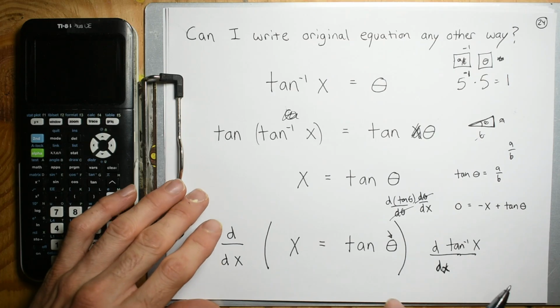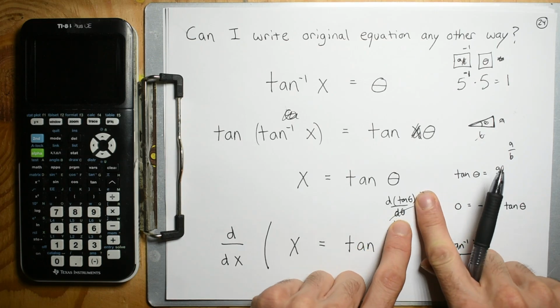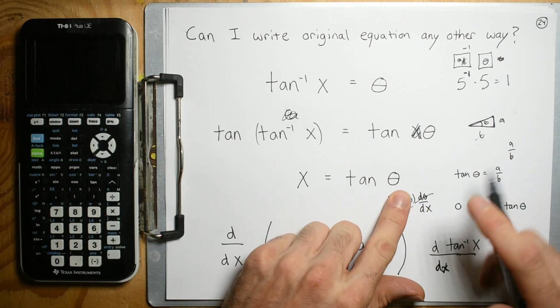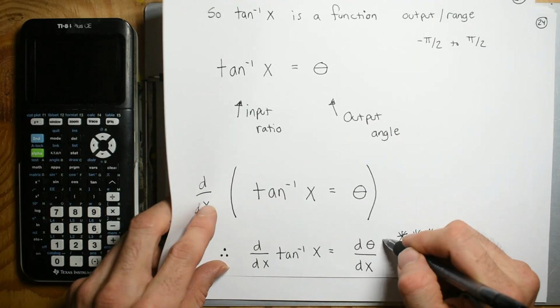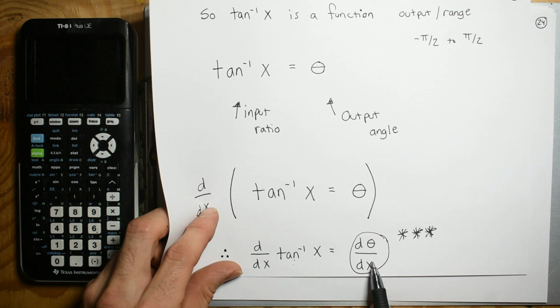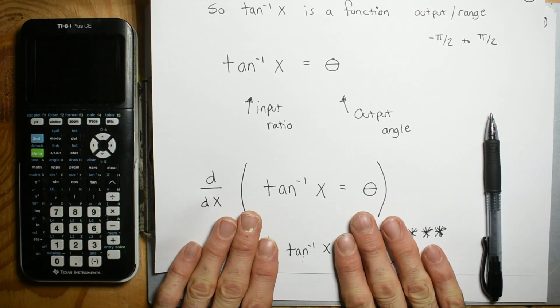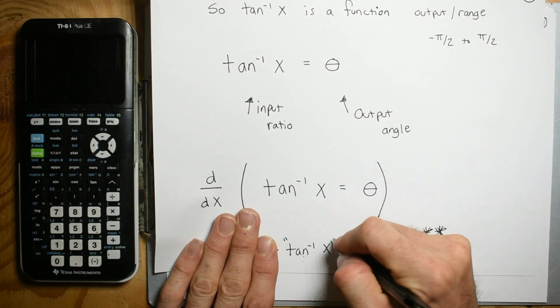But again, even if we take the derivative of this with respect to theta, it seems like I don't want that. But then this term pops out, d theta dx. And that was from here. d theta dx is this. Change the angle with respect to changing the ratio. Just because this is the ratio and the inverse tangent, this is the angle.